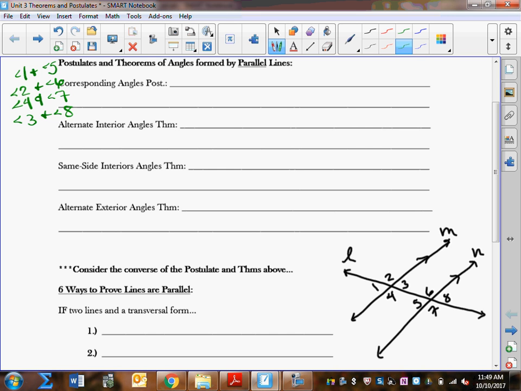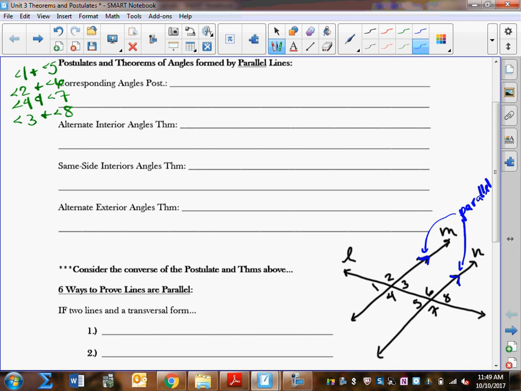Now, the definition of corresponding angles lets me look at this picture and identify them as corresponding angles. But notice in this picture we have parallel lines. This notation here indicates parallel. If you want to go ahead and write that in, this means parallel. That means that line M and line N are parallel.